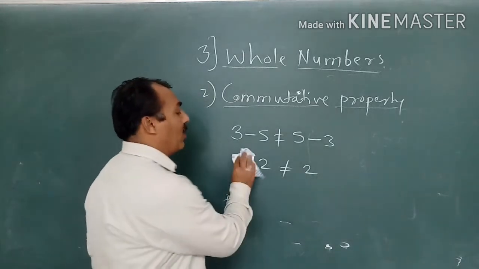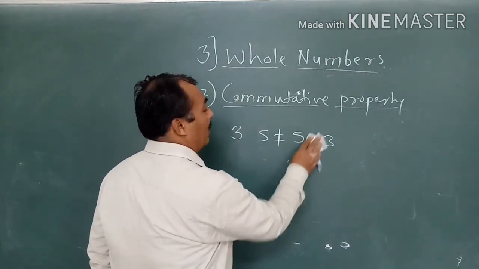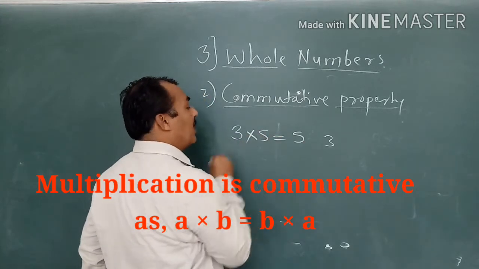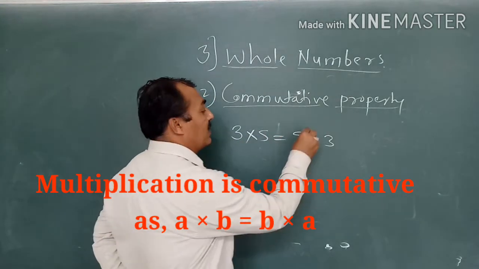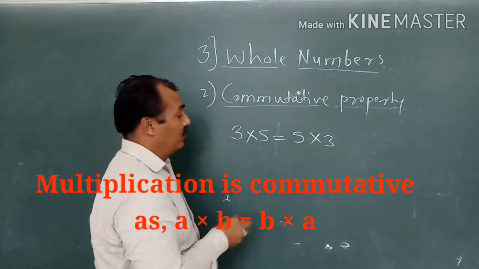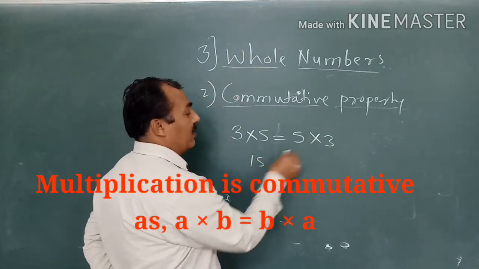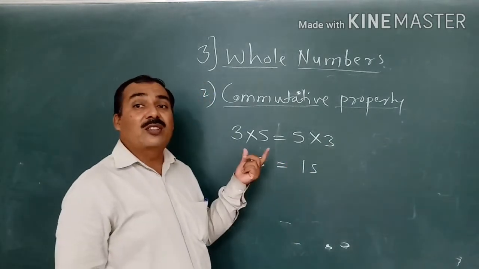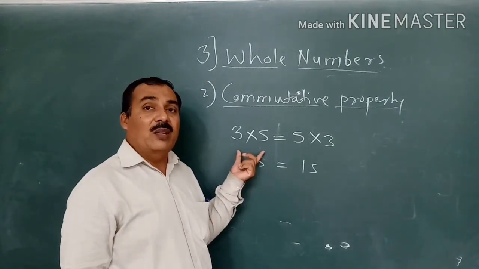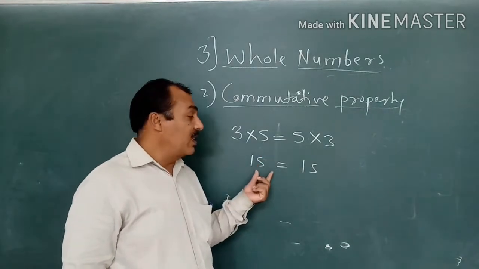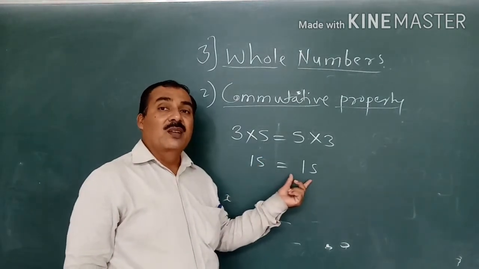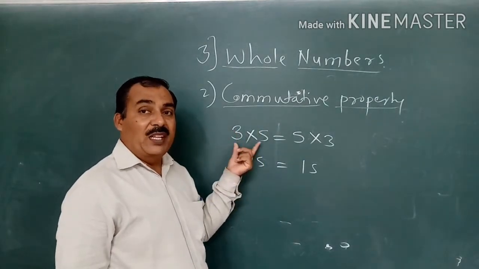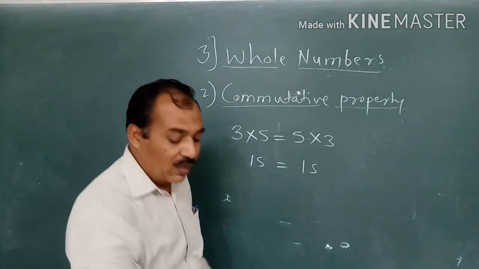Now let us try for multiplication. 3 multiplied by 5 is equal to 5 multiplied by 3. 3 fives are 15, and here also 5 threes are 15. They are equal. Means if we change the order of the numbers while multiplying them, we get the same result. Means multiplication of whole numbers is commutative.